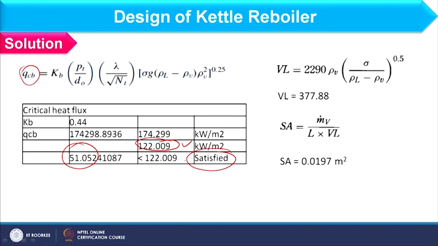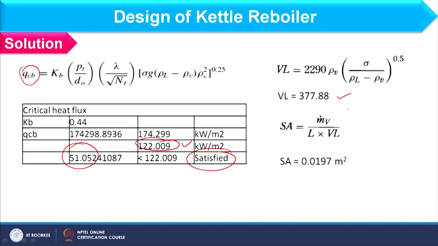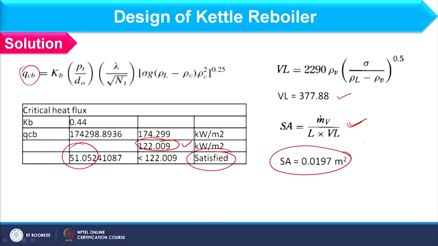Okay. So, next we have to focus on the shell diameter calculation, and for that we should consider VL calculation and then SA, right. So, VL you can obtain as 377.88, and the segment area you can consider as 0.0197 meter square, okay. And how to use this expression, that I have already explained in the previous example.